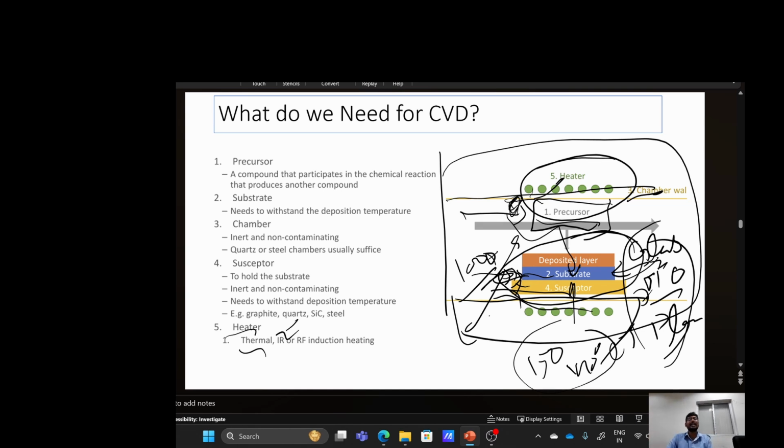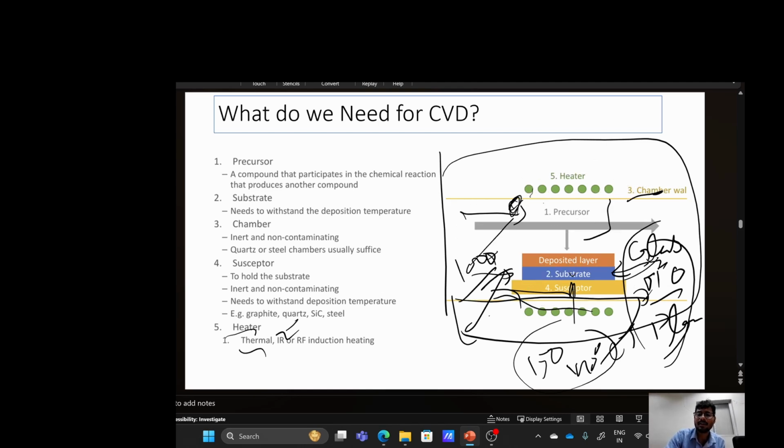Because the deposition is happening over the substrate, what we need is for this to be heated up, so that the reaction can happen there. If we heat everything, the growth will happen at the walls as well. So these are the things.